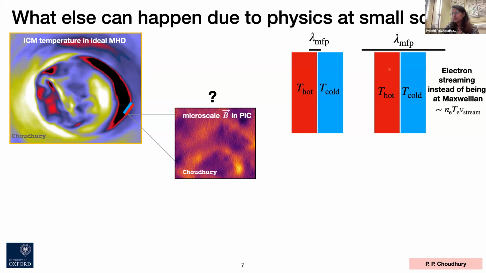At that point, the heat-carrying electrons, the hottest ones, have some energy, and that will dominate the heat flux. In other words, there will be a streaming velocity. Let's say for simplicity, we start off with a hot Maxwellian and a cold Maxwellian. This V stream will just be the thermal velocity of the hot Maxwellian.